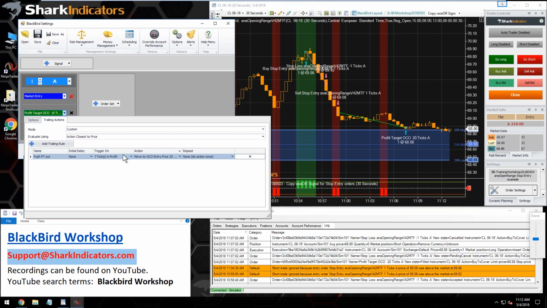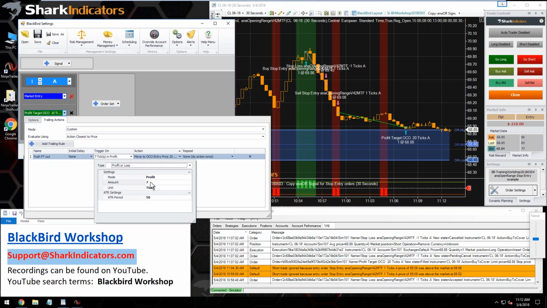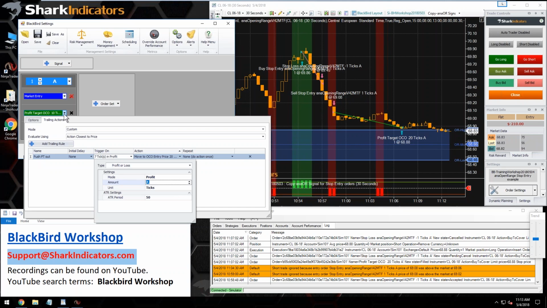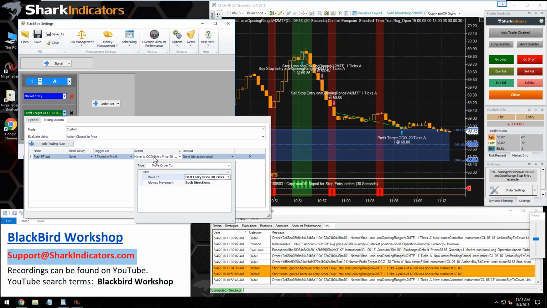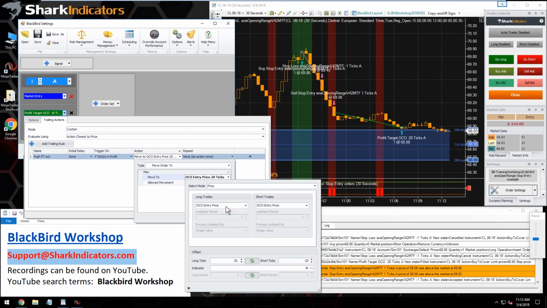Basically, just make new trailing rules, keep incrementing the profit amount for the next location where you're going to push your profit target to, and then match up the action and match the move to price.